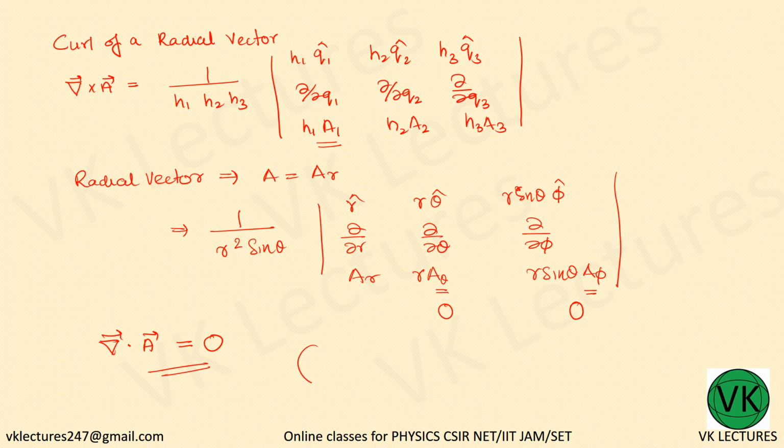Radial vector means it goes outward normal. Its curl is 0. That is why del cross E is equal to 0, because E is a radial vector. It is going perpendicular.